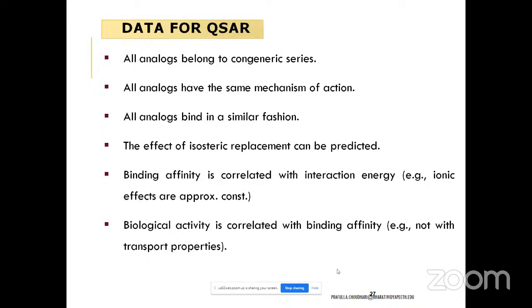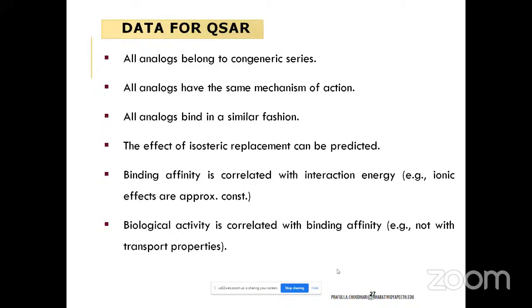The success of the QSR often depends upon the data used for the development of the QSR model, because QSR is nothing but the relationship between properties of the molecules in the data set and the biological activity of that particular molecule. So development of a good, successful QSR equation solely depends upon the quality of the data, or the quality of the molecules present in that particular data.